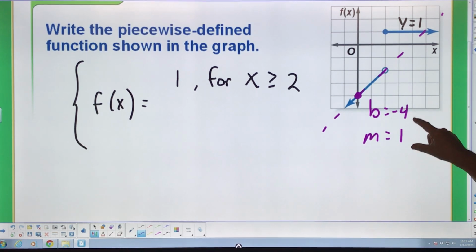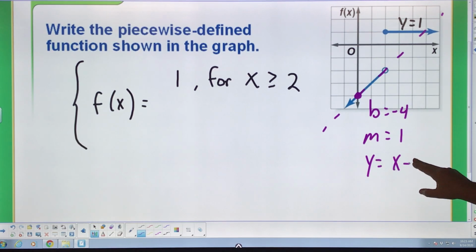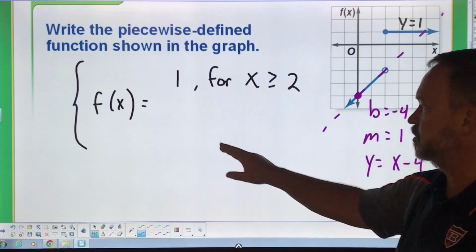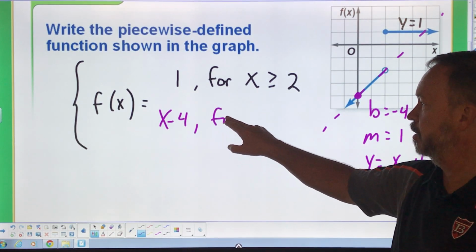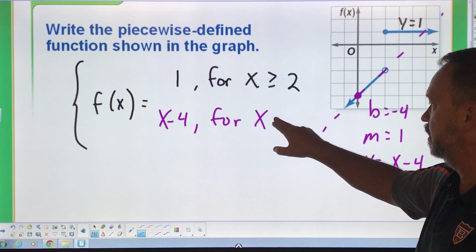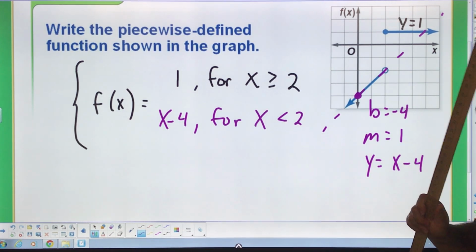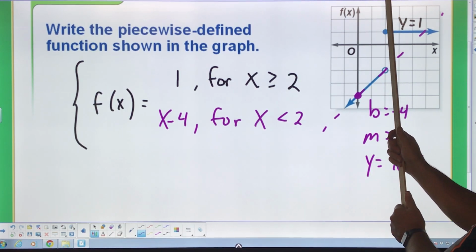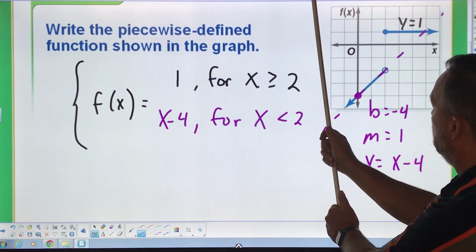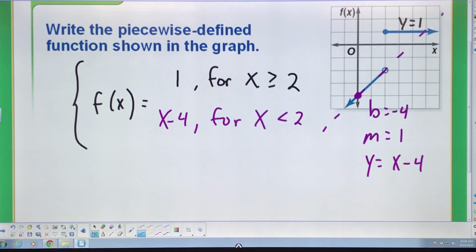So that is y equal x minus 4. Agreed? So f of x equal x minus 4 for x less than 2, right? Starts at 2, but it's open on the 2, that's why we don't have the equal part, but it's when x is less than 2 that happens. That's our answer.